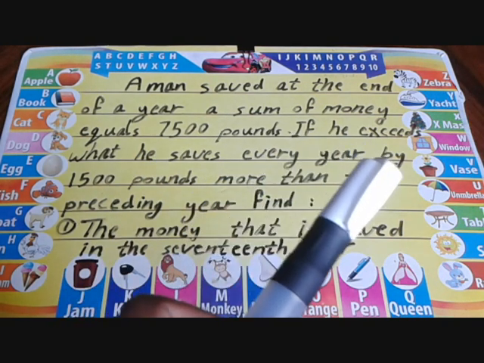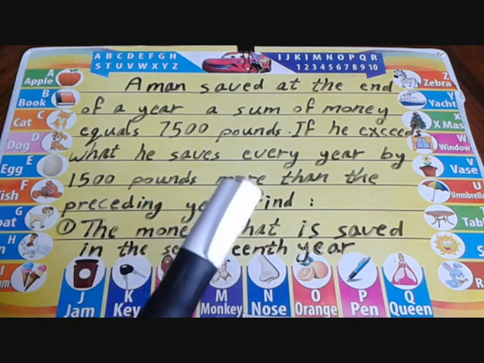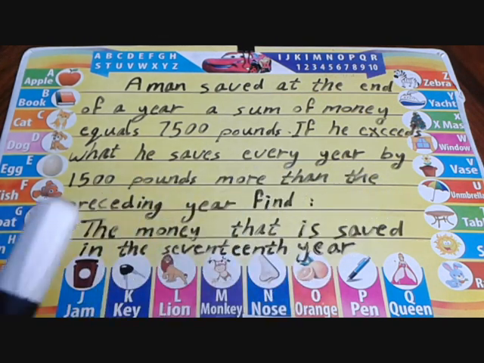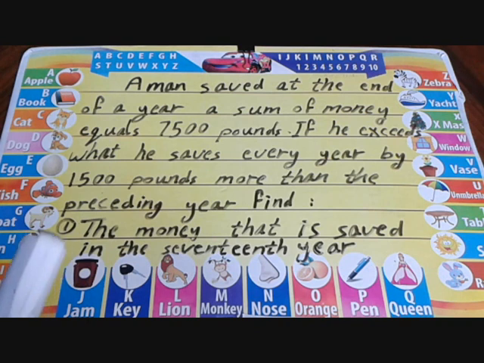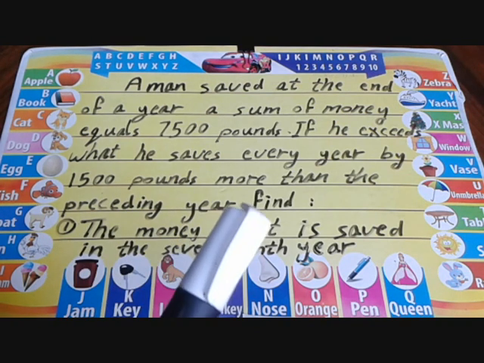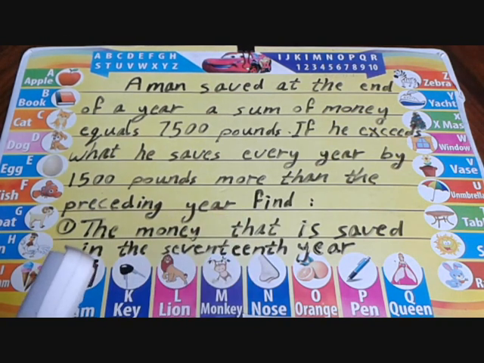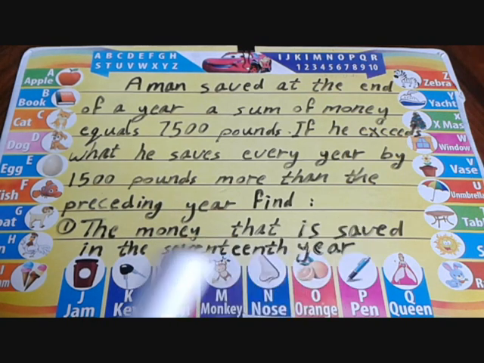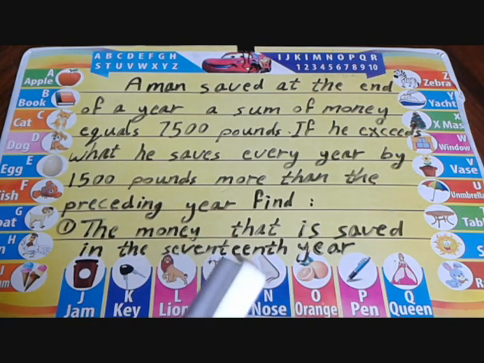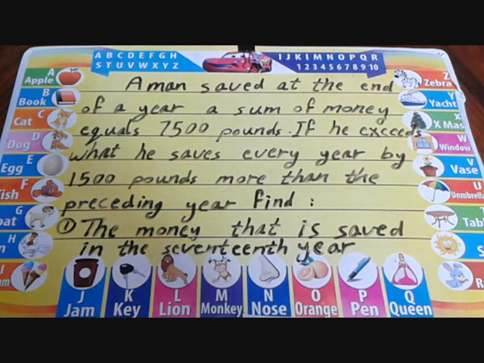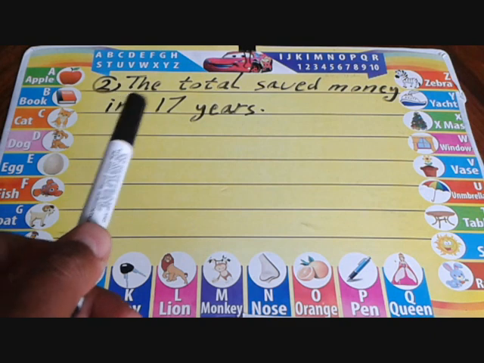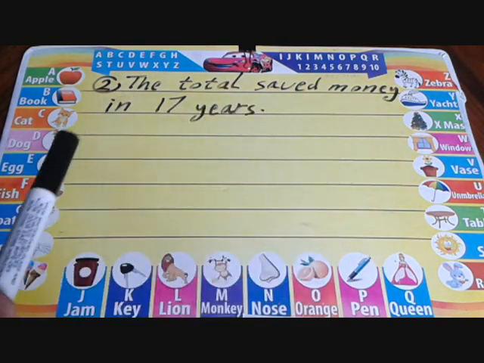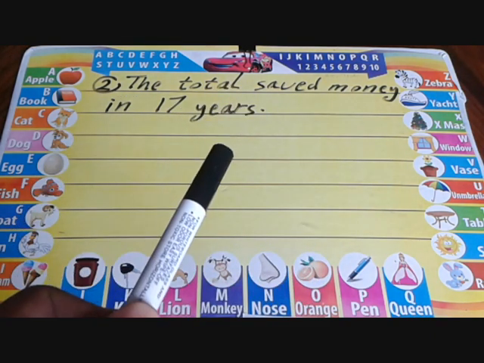If he increases what he saves every year by £1,500 more than the preceding year, find the money that is saved in the 17th year, and the total saved money in 17 years.